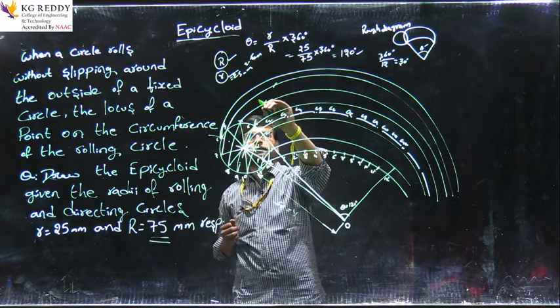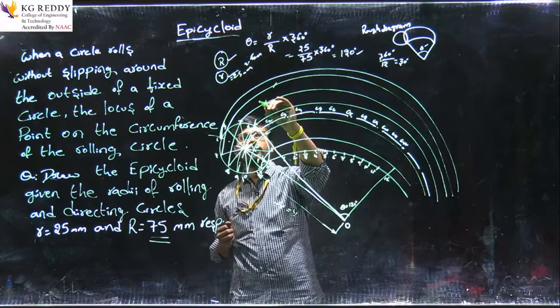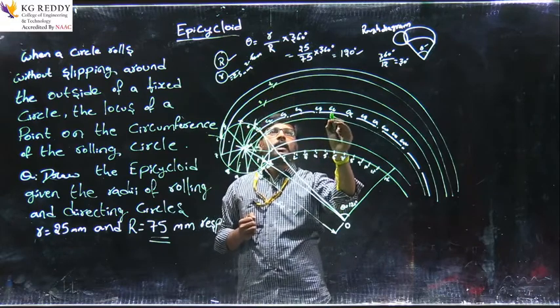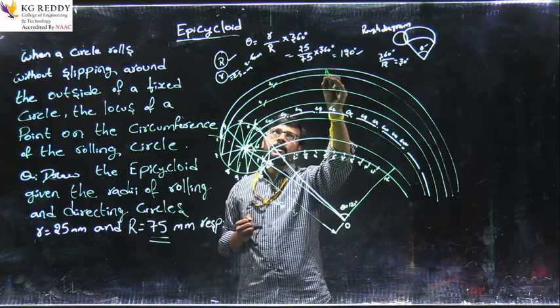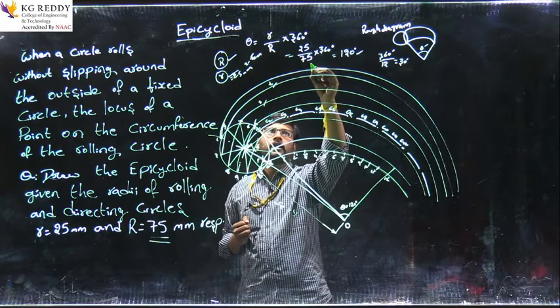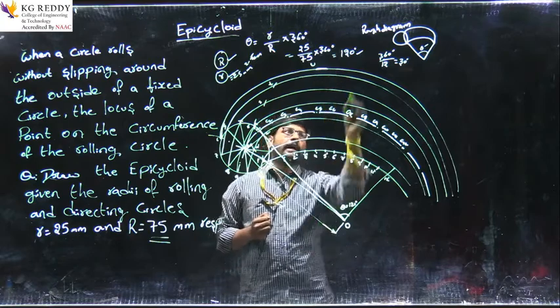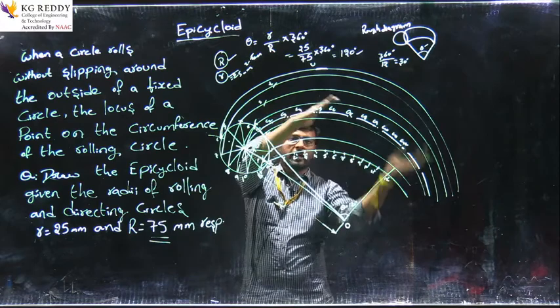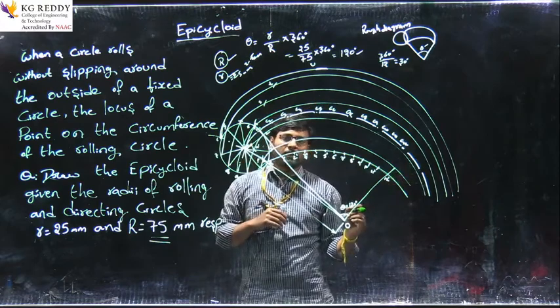C4 as a center, and C5 as a center, as well as C6 as a center, exactly at the top, here we get U. And these are all on the left side, and the remaining curves will come on the right side.